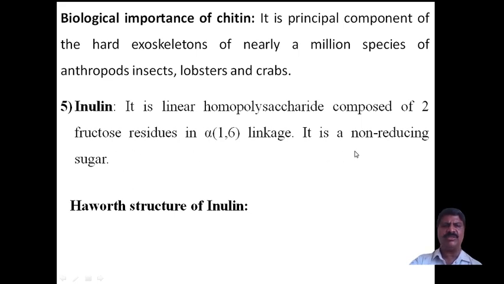It is a non-reducing sugar because the 1,6 linkage is there, so the group is not free for reduction. Hence, it is a non-reducing sugar and a linear homopolysaccharide. Homo means a single unit, fructose, is joined together to form a long chain. This is the linear structure of inulin.